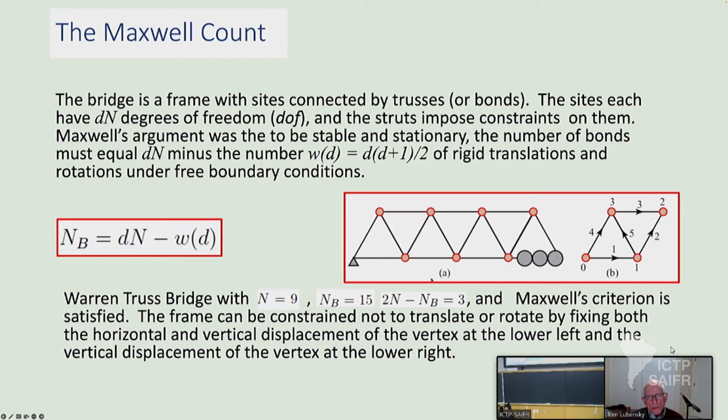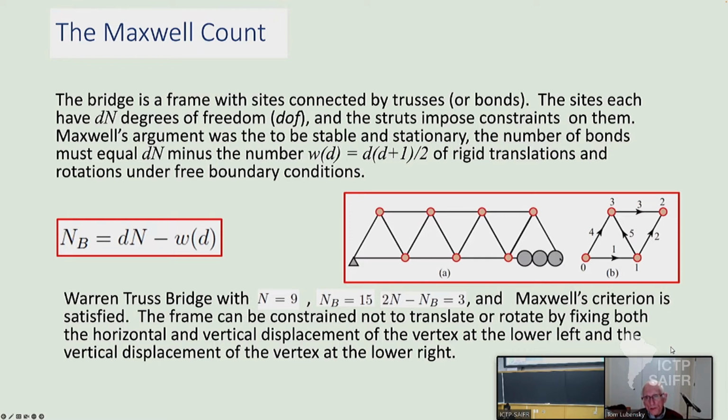And here is a cartoon of the strut. So you have all of these sites on a lattice, but you need to constrain the motion with some external forces to keep this thing from falling apart. So what you do, and this is actually done in real bridges, you nail one end here, so that it can move neither up and down nor back and forth.